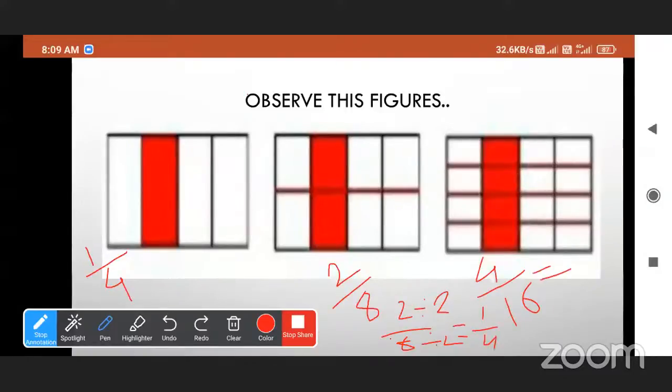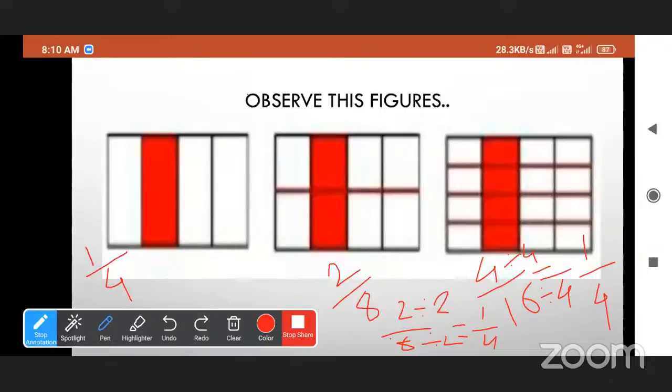Here also, if we divide this fraction, numerator and denominator, by 4, then what will we get? 4 divided by 4 is 1, because 4 ones are 4, and 16 divided by 4, 4 fours are 16. So here we also get 1 upon 4.